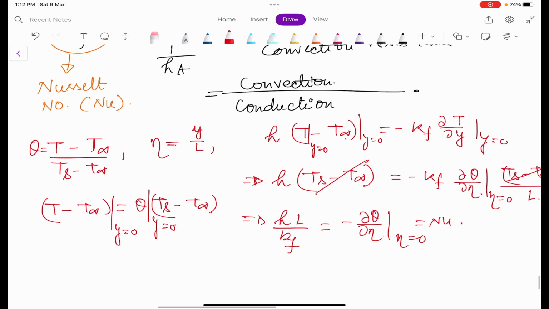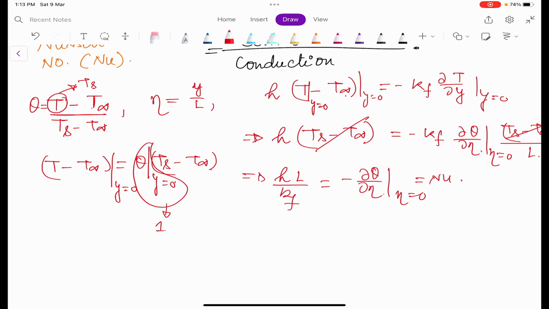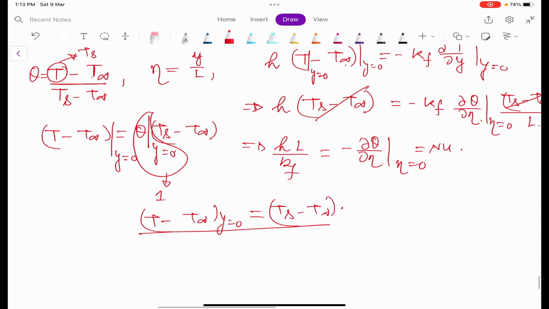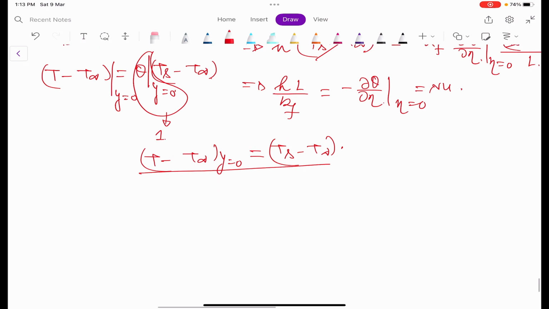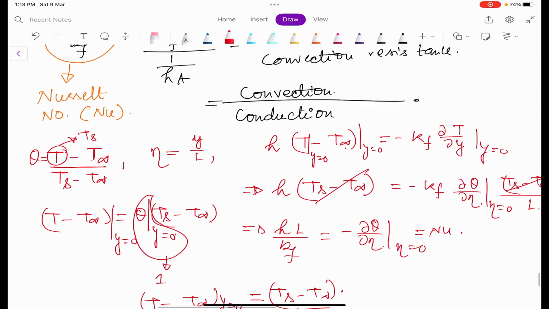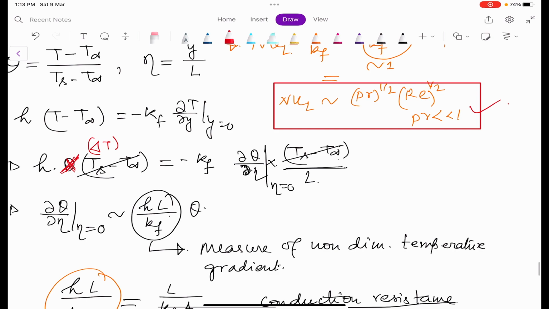At y equal to 0, t is Ts, that means theta is 1, so this term is 1. So this becomes, t minus t infinity at y equal to 0, becomes Ts minus t infinity directly. I hope this is clear to you. This was important. I made a mistake in the non-dimensionalization here.